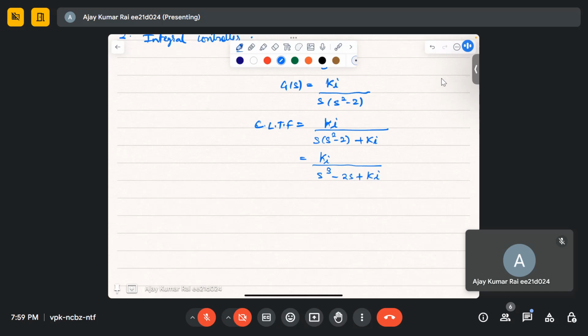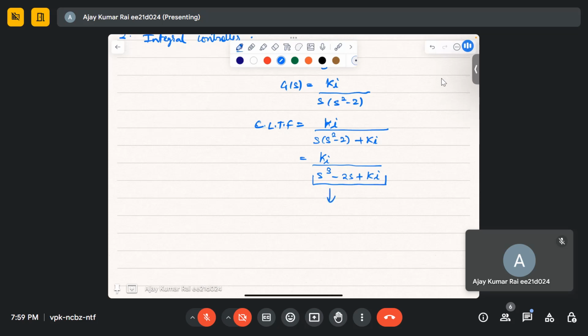So you have to find the roots of this. This is a cubic, so you'll see in the next classes by using the Hurwitz criterion.